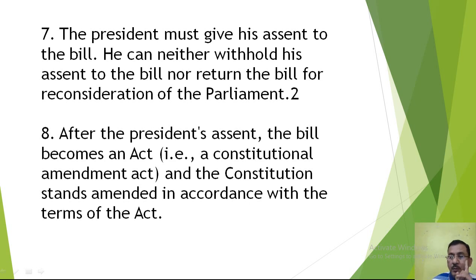That means the President has no role to play whenever the constitutional amendment bill is passed by the parliament. The President is bound to assent the bill. He does not have any right to withhold. Even he cannot send it back to the parliament for the reconsideration.